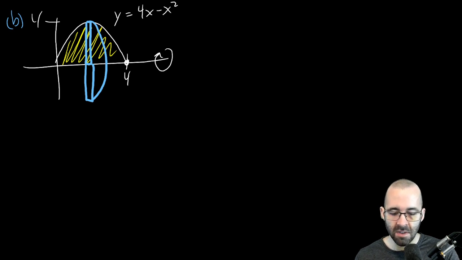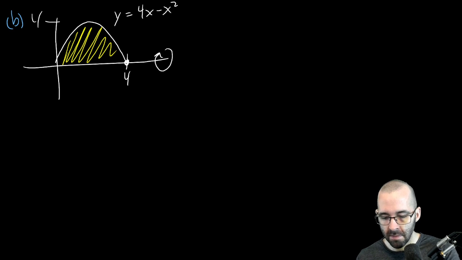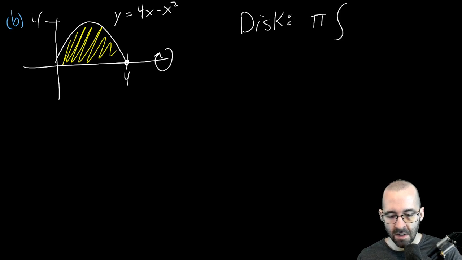It's pi times the radius squared is the area of this disk, and we add them all up. So, disk method, pi integral, x is going from 0 to 4, and we're using x's, of the height, or the radius, squared.